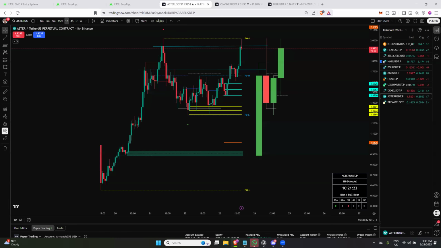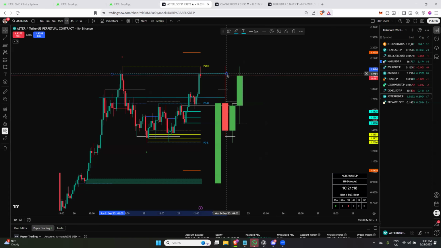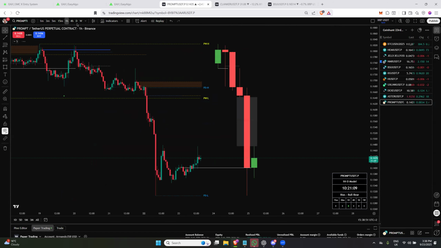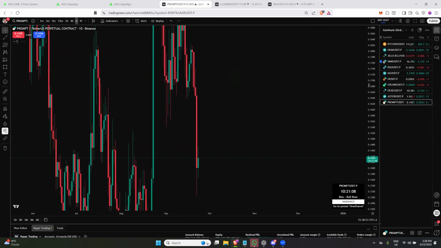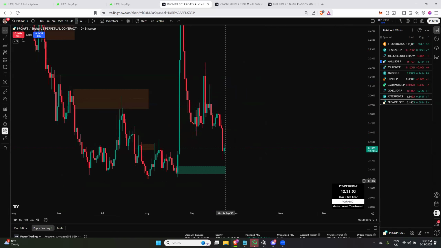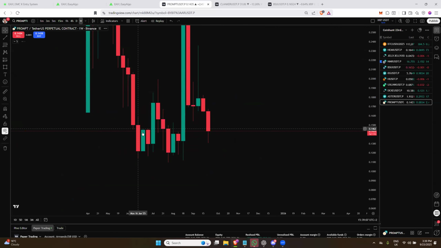Okay. Yeah, it's responding to this level here. Interesting. Okay, let's have a look. So it's claimed fair value gap. Your daily. So look at your week. Actually claimed your fair value gap in the week.